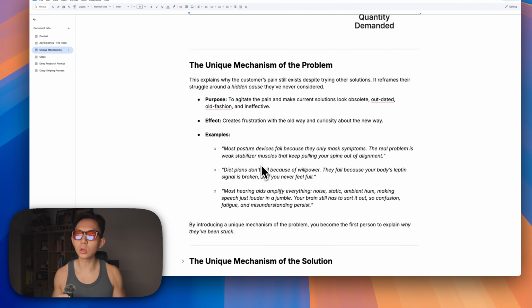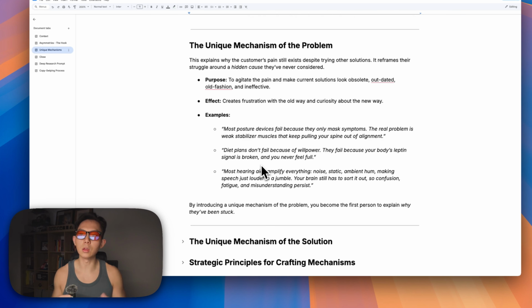So for example, most posture devices fail because they only mask symptoms, where the real problem is weak stabilizer muscles that keep pulling your spine out of alignment. Another unique mechanism could be diet plans don't fail because of willpower. They fail because your body's leptin signal is broken and you never feel full. And this is like the huge part of why people use Ozempic, is they want to feel full.